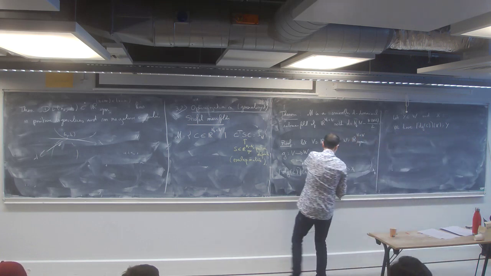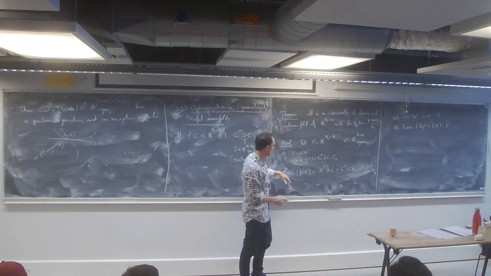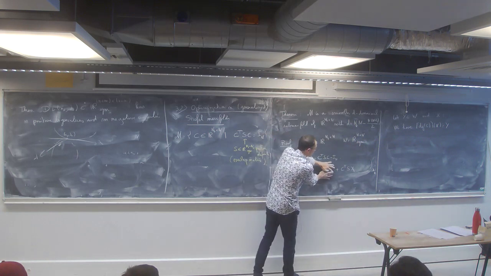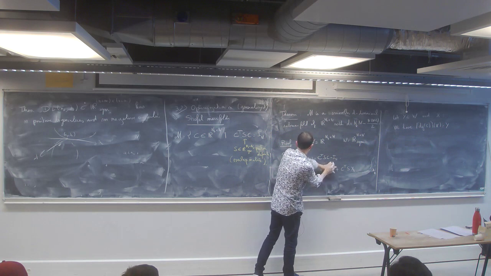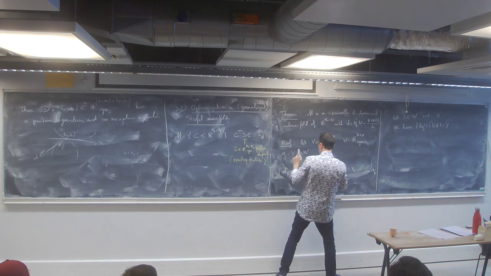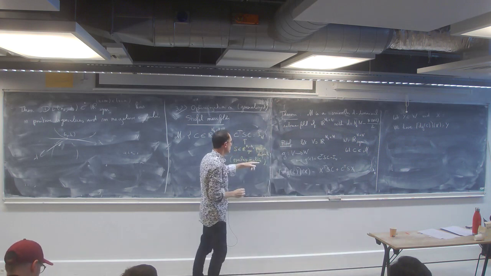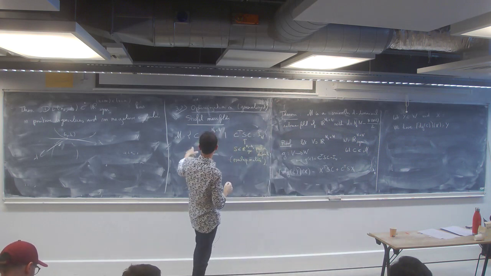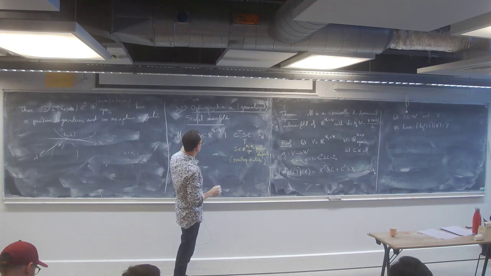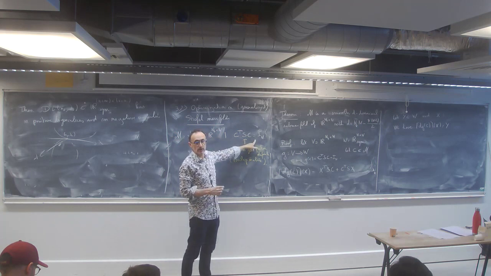Assume I just have this. What should I take? It's for C in M, meaning that we have this equality.